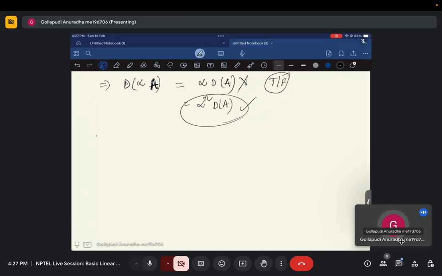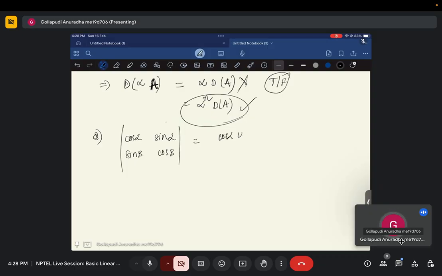Okay, find the determinant of this. So it's a simple one, right?